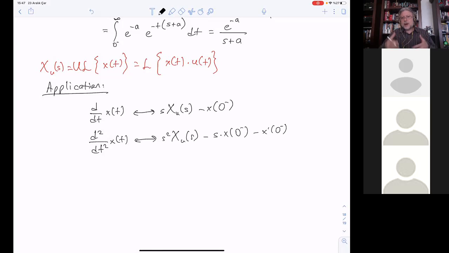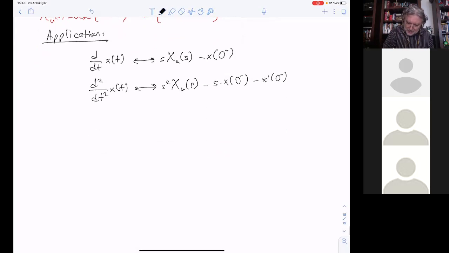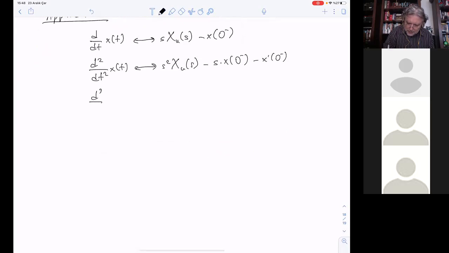And the more derivatives you take, you start pushing these terms more to the left of the equation by multiplying further with S squared, S cubed, etc. It may be a good idea to see what happens to the third one, then I will give you the general form.